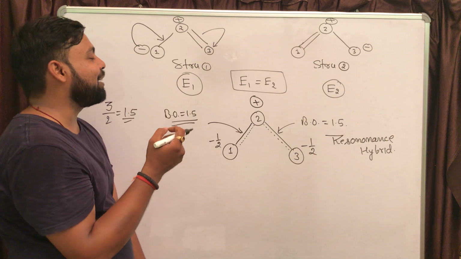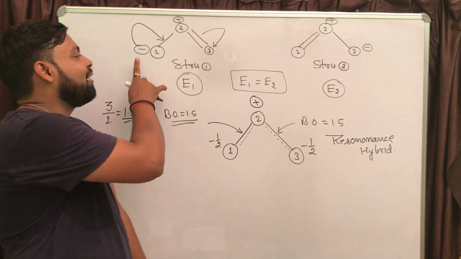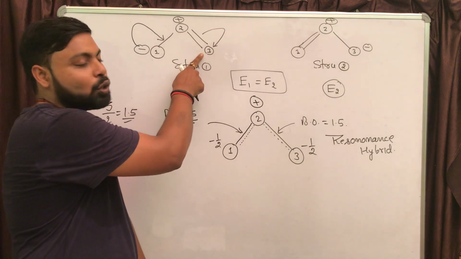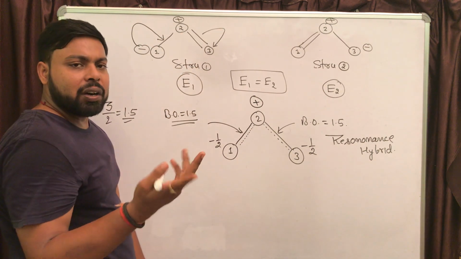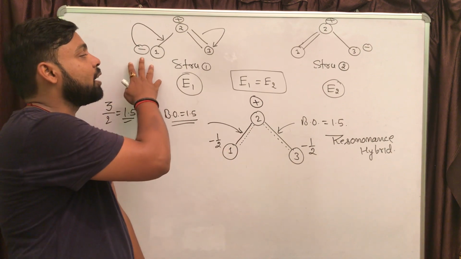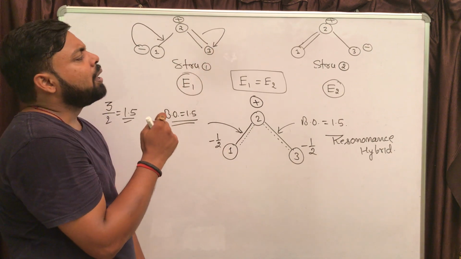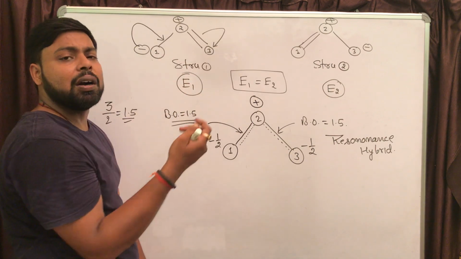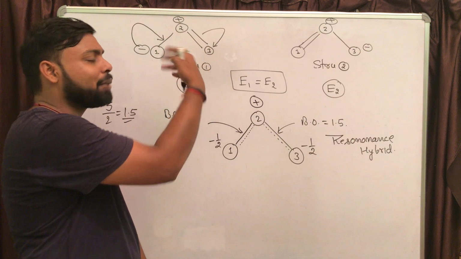Oxygen 1 is carrying negative charge and there is a pi bond between oxygen number 2 and 3. Definitely a pi bond is weaker than a sigma bond, and there will be an electronic repulsion between this negative charge and the pi electrons. There may be the situation that because of repulsion, the weaker bond, which is the pi bond, is breaking.